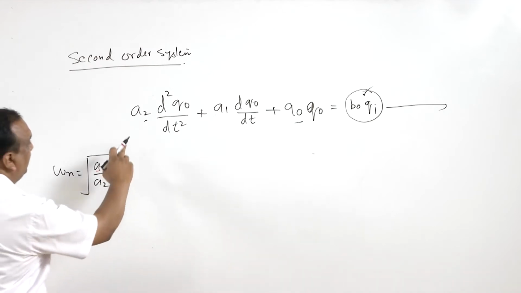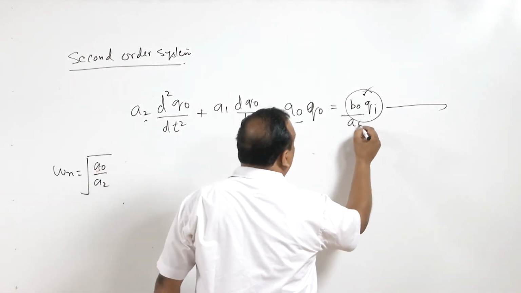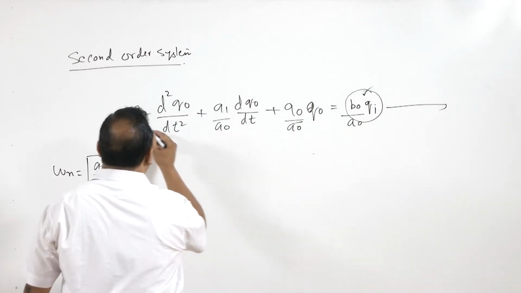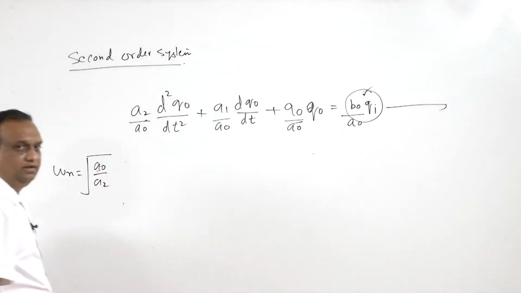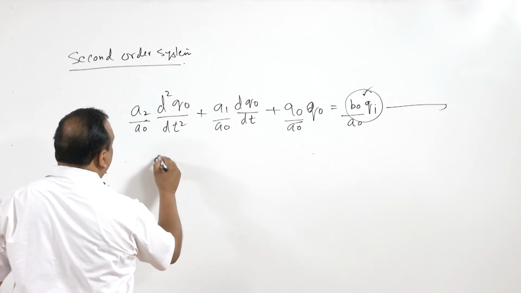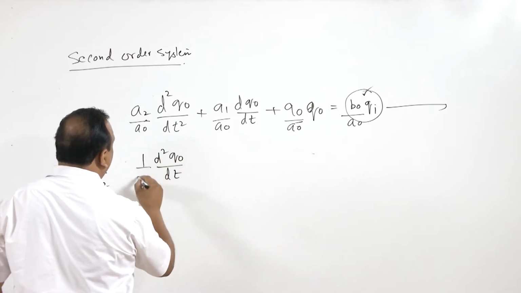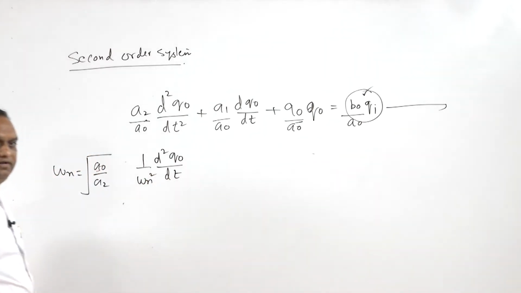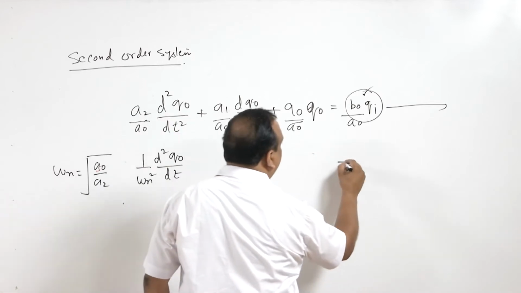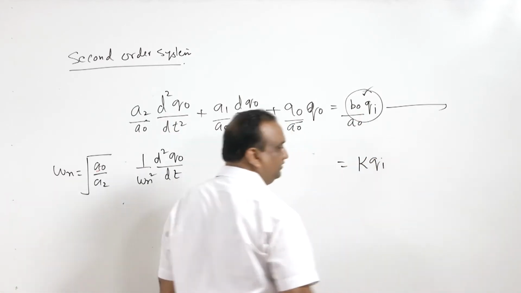So if we divide the entire equation by AO, here we will be getting AO, here AO, here AO, and here AO. Now this is omega n. So we can write d square QO by dt square times 1 by omega n square. Here BO by AO we can always say is K QI.